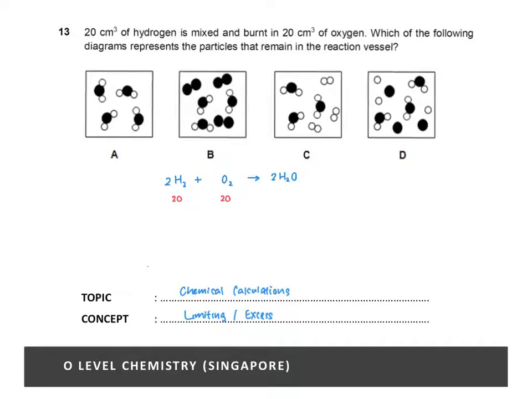By now, I hope you have already realized that the reactants and products are all gases. So we can invoke Avogadro's relation, meaning volume ratio is equal to molar ratio. How exactly do we use that? From the balanced equation, we can see that 2 moles of hydrogen will react with 1 mole of oxygen, meaning 20 cm³ of hydrogen will react with only 10 cm³ of oxygen.